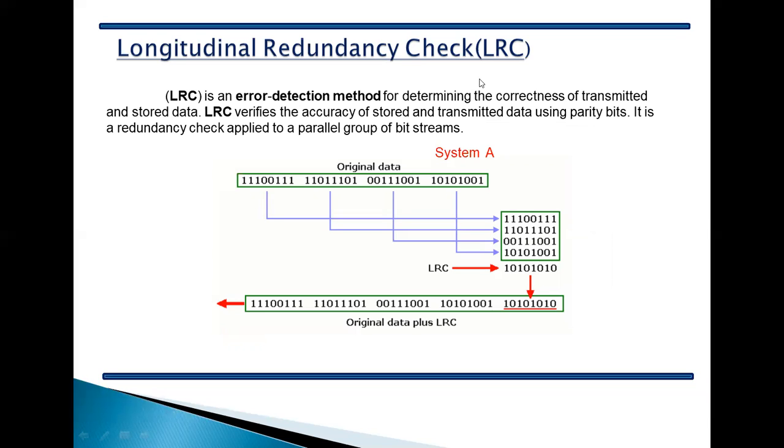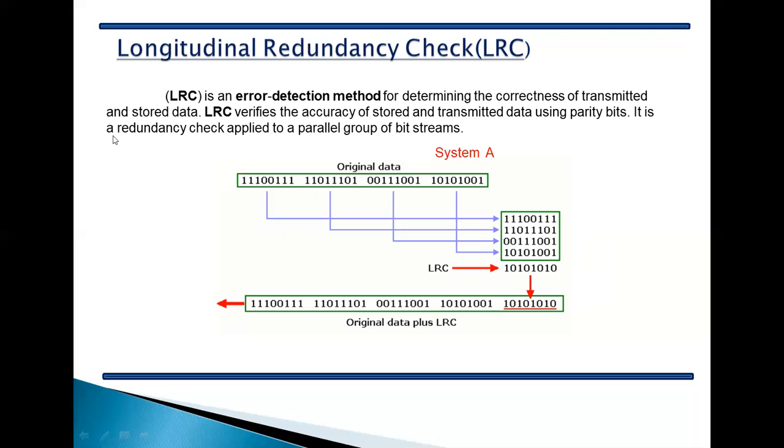Okay, longitudinal redundancy check, LRC. LRC is an error detection method for determining the correctness of transmitted and stored data. LRC verifies the accuracy of stored and transmitted data using parity bits.